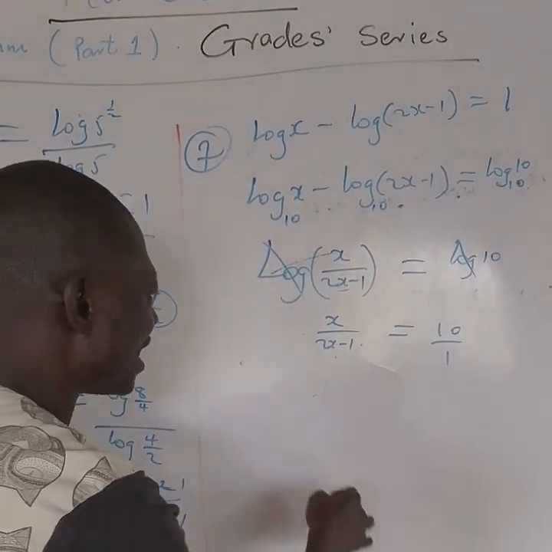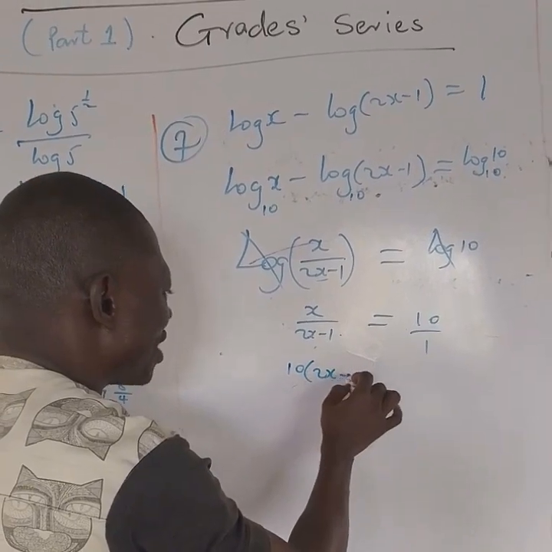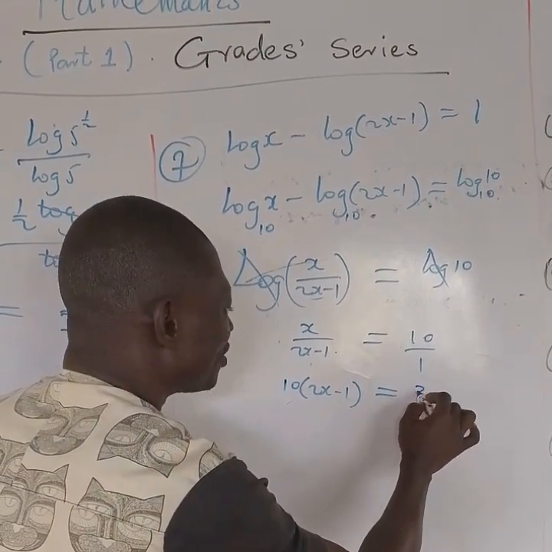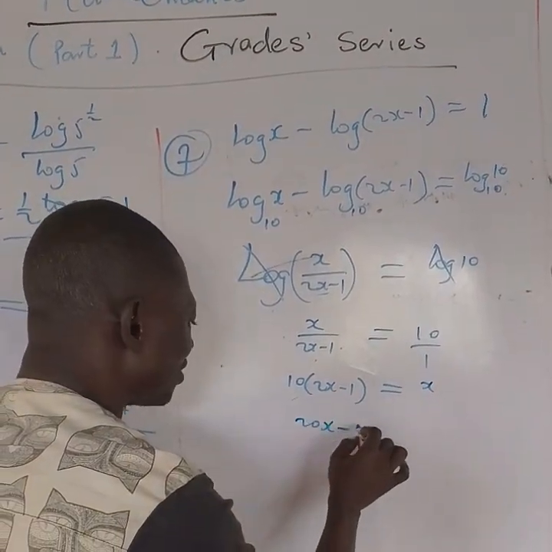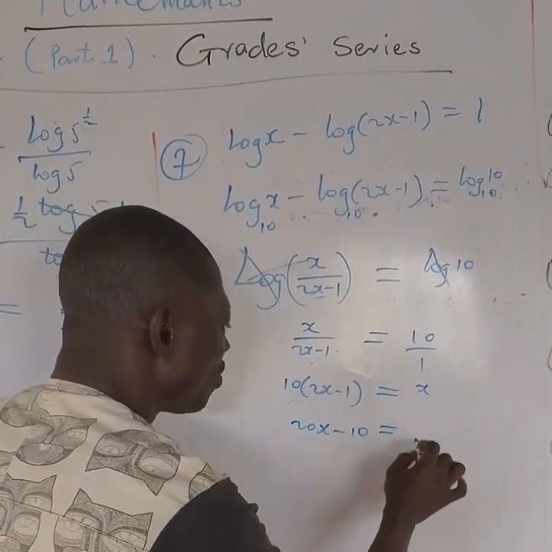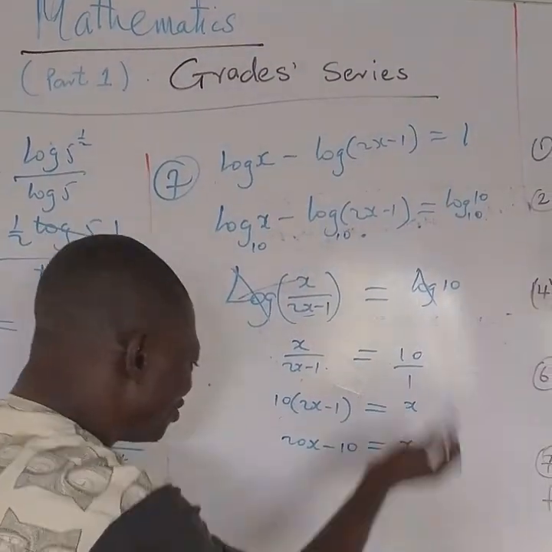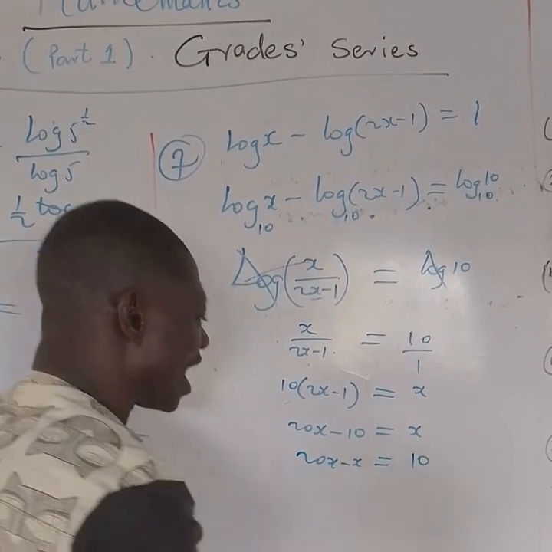We can cross multiply now and have 10 into 2x minus 1 is equal to 1 times x will give us x. And so we have it as 20x minus 10 is equal to x. We collect like terms to have 20x minus x is equal to 10.